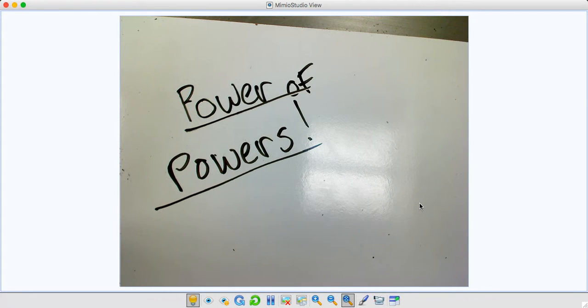Well, you're right, it is pretty powerful, but what is a power of the power? You don't know? Tim, what do you think a power of powers is? Maybe it is an exponent that is then put to another exponent. You're actually totally right. So let's see what we can write that looks like this.